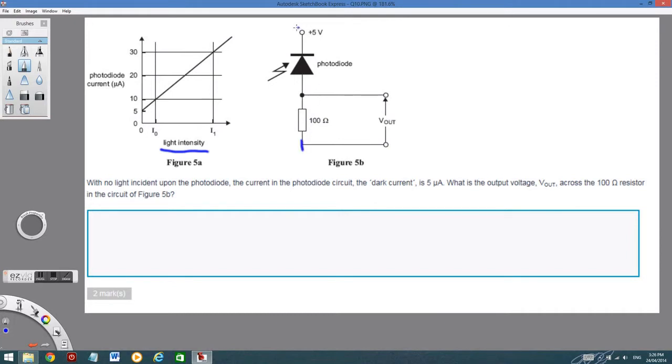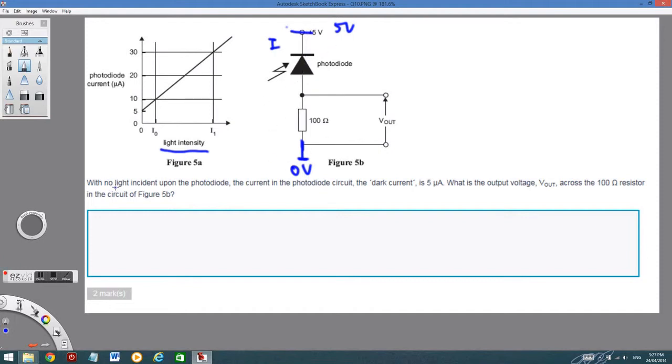We have a positive battery at this end, which is 5 volt, and we have the ground, which is 0 volt on the other side. So the current is able to travel from the positive to negative when the photodiode is reverse biased, like when it's pointing in the opposite direction. Does the diagram make sense?